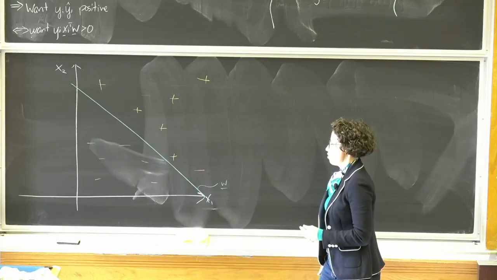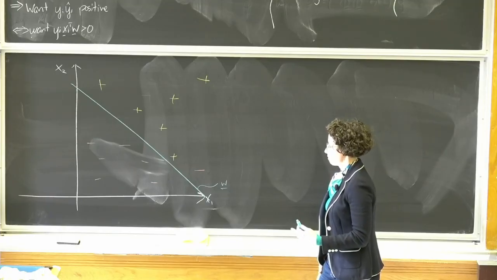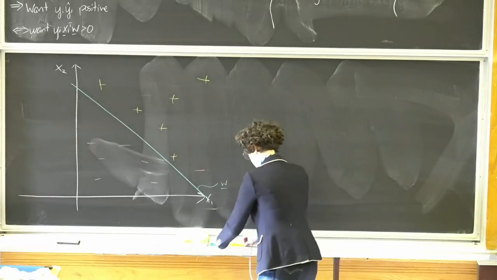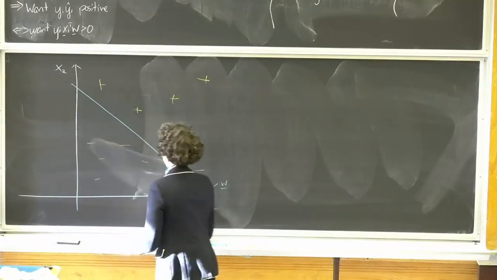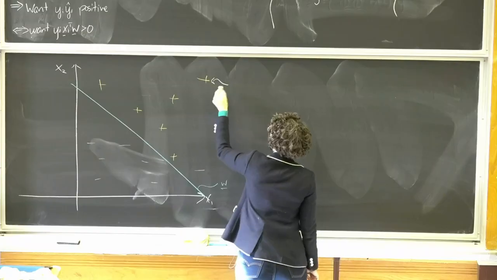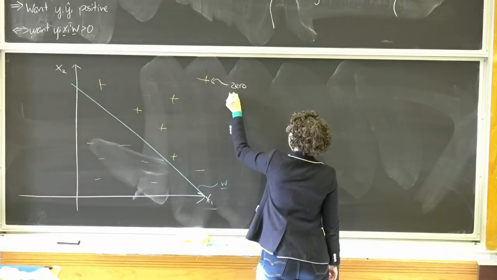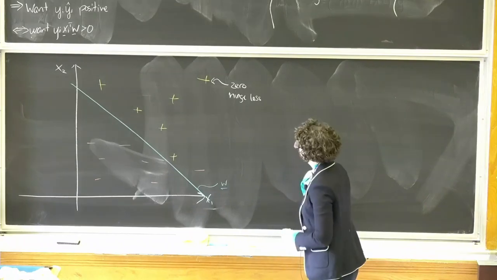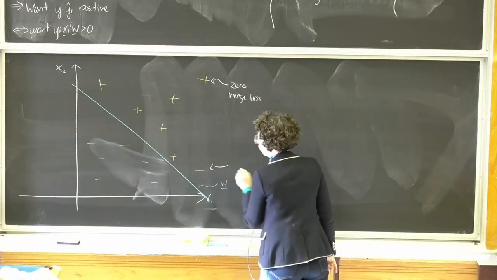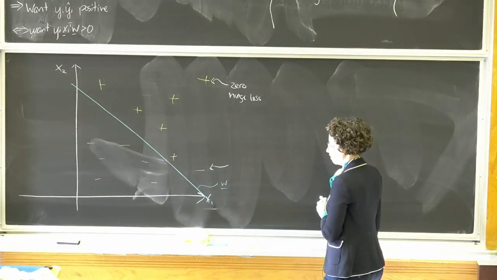So now if we think about what kind of losses we're getting. This sample way up in the corner that was causing us problems with least squares is going to have 0 hinge loss. This point here is incorrectly classified with this decision boundary.